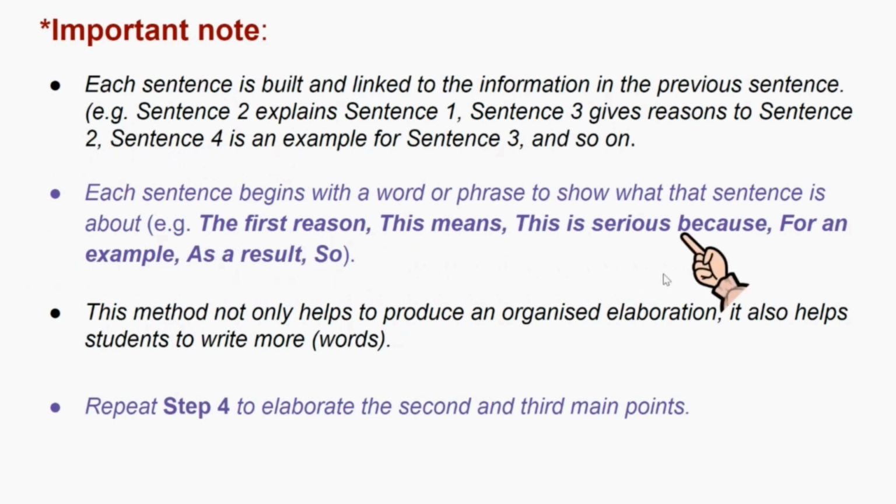Each sentence begins with a word or phrase to show what that sentence is about. Remember the highlighted words in red? This method not only helps to produce an organized elaboration, it also helps students to write more.